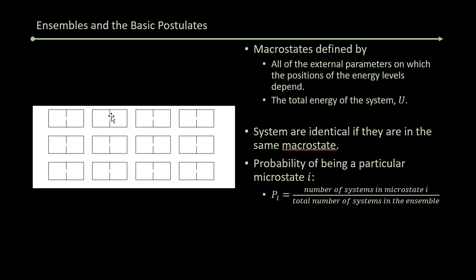The number of systems in a particular microstate divided by the total number of systems in an ensemble is the probability of being in that microstate. A microstate here would be all the particles in one of these boxes all the way on the left. The probability of finding that is going to be proportional to the number that are like that, which in this case I'm proposing 1, divided by the total number of boxes, which is 12.